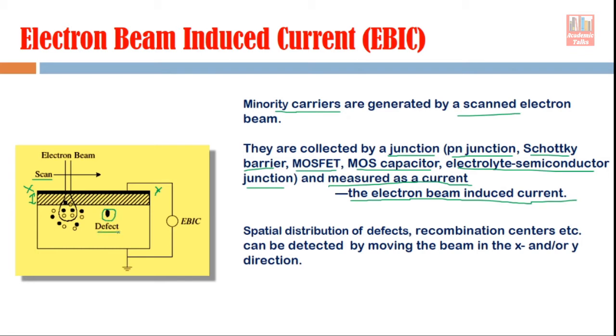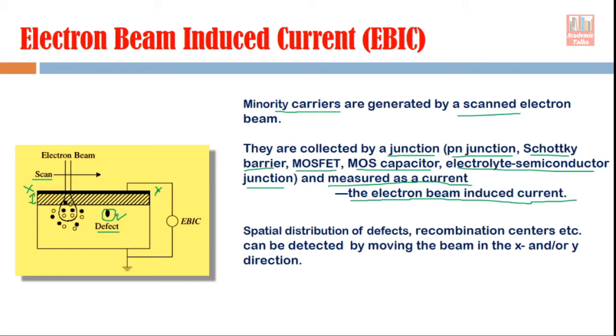If the carriers are present near this defect, the defect will affect the number of free carriers present here, because whatever electron hole pairs are generated here, this kind of defect will promote the recombination of these carriers. These carriers will recombine before being collected by the strong electric field here. So the current in this portion where the defect is present will reduce.